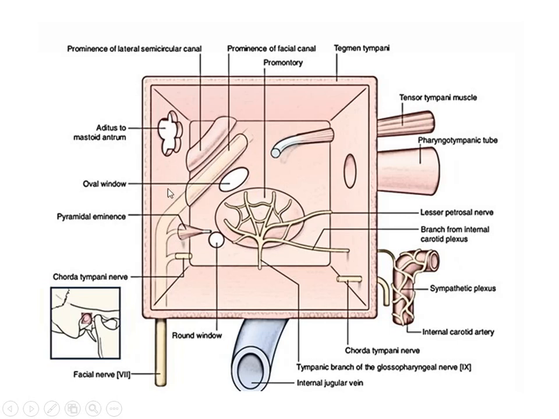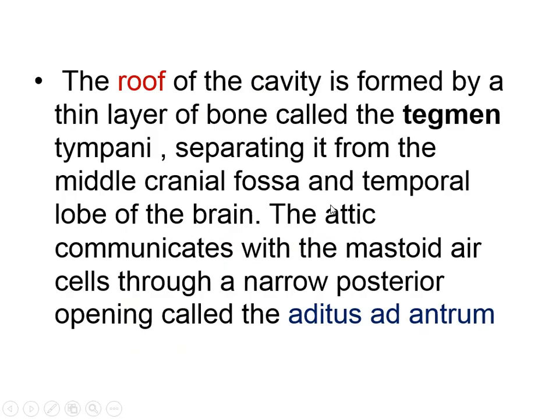Also, the facial nerve has a bony canal which has a prominence on this wall. The anterior wall is better seen in this picture.